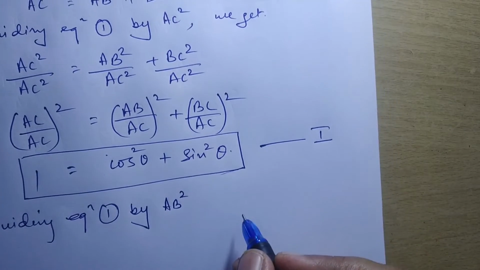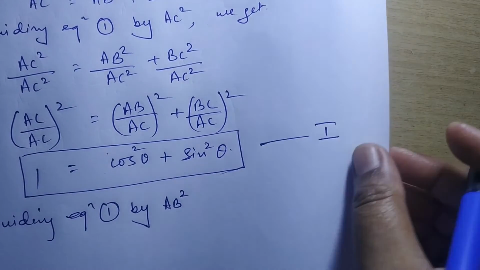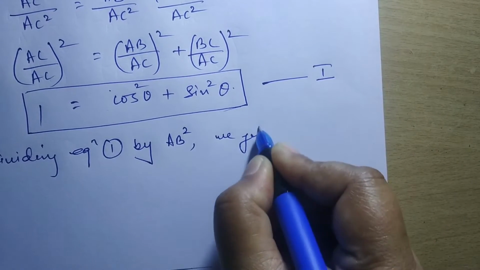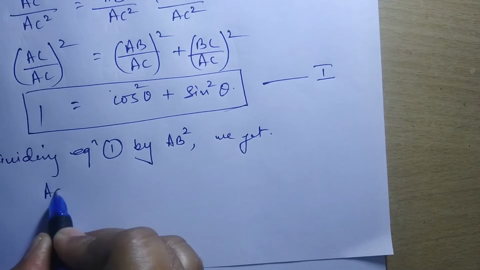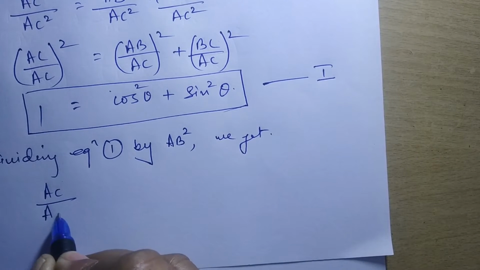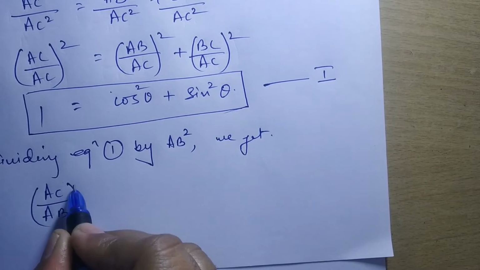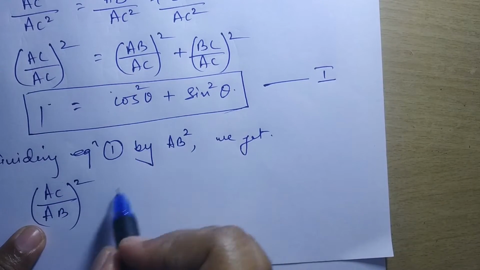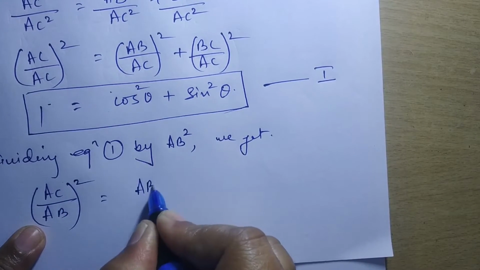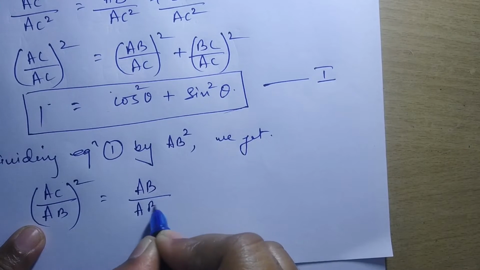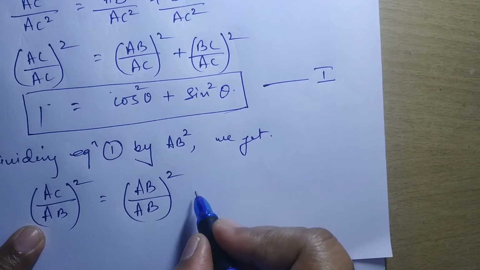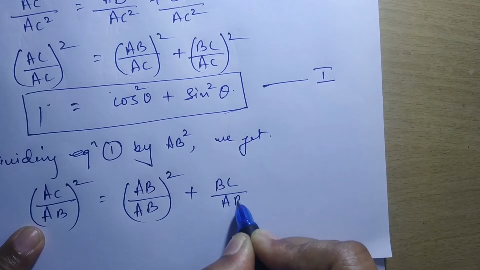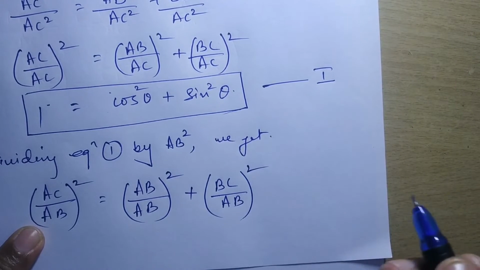If I divide by AB square, then what do I get? We get AC by AB whole square, I am directly writing. And we have AB by AB whole square plus BC by AB whole square.